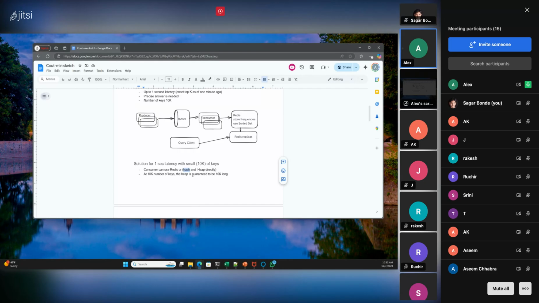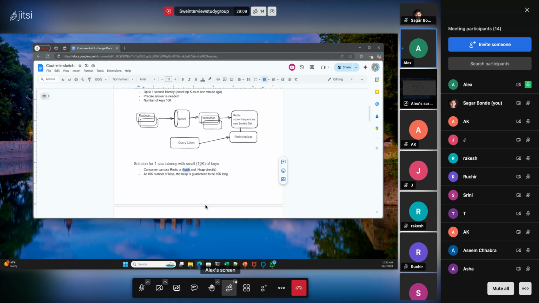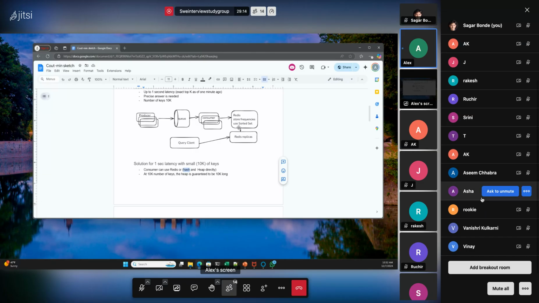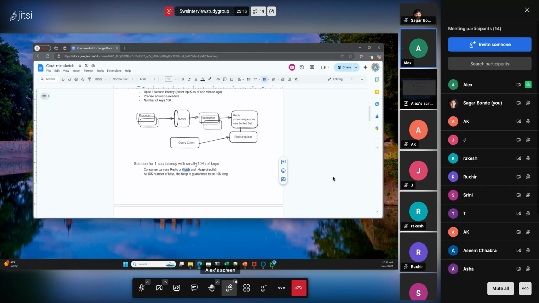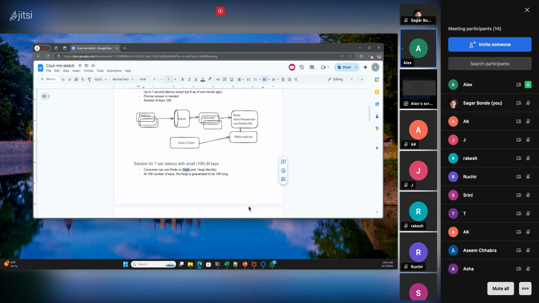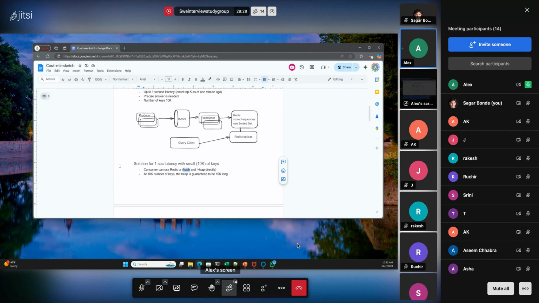I want to pause here for a question. How to scale from 10K to 1 million? 10K to 1 million scales through a bigger Redis set. How to scale from 10K to 10 million? That doesn't scale anymore. There are calculations about network latency to get the data and sorting it, and 1 second is not feasible at that point.